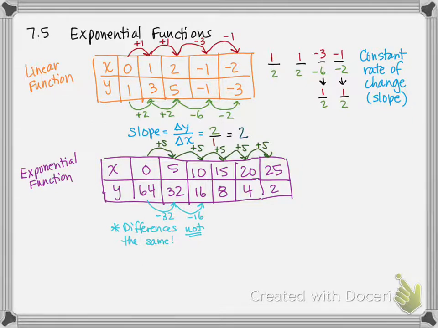It's not counting by the same amount every time. It's not going to give me that constant rate of change. So what I'm going to have to do is come up with a different game plan. So let's see if I can think of something else that might work.